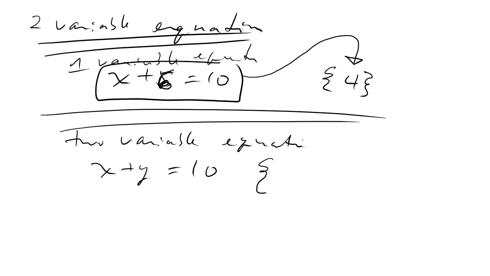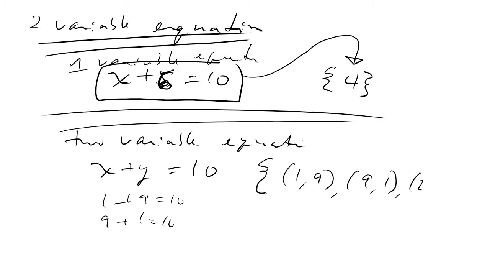For instance, since 1 plus 9 equals 10, the ordered pair 1 comma 9 makes it true. 9 plus 1 equals 10, so 9 comma 1 is another, it's not the same ordered pair, it's a different one, that also makes it true. And 2, 8 and 4, 6, and there would be so many, even something like negative 2 comma 12. I was going to say dot dot dot.